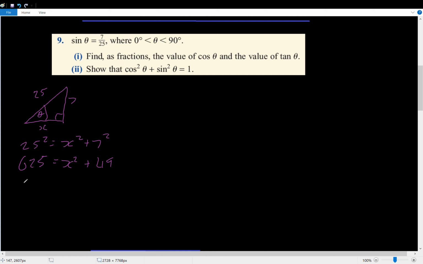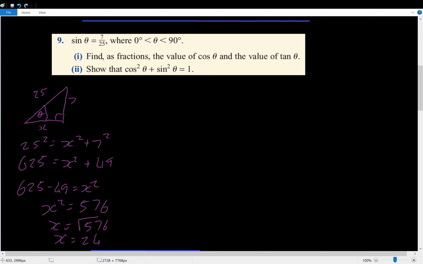Which means that 625 minus 49 is equal to X squared. So X squared is equal to 576. Which means that X is equal to the root of 576. So X is equal to 24.